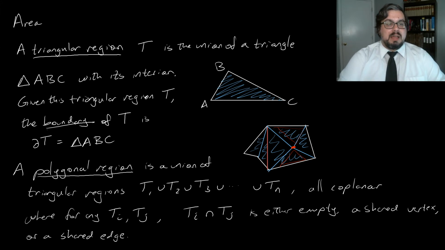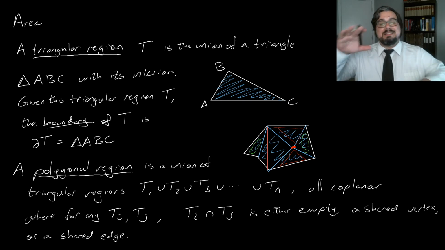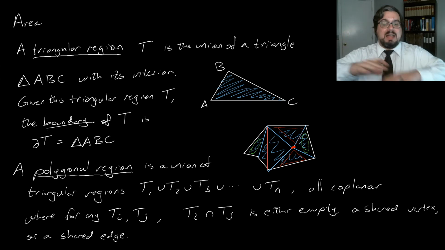Or we could look at triangles like this one over on the right and this one over on the left, where their intersection is empty. The point to this condition here is that you don't have any overlap. None of the triangular regions overlap one another. They only meet each other in shared edges or vertices.